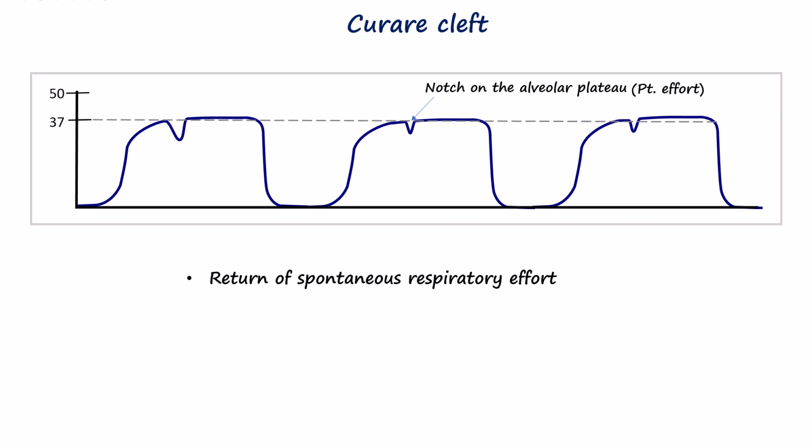This indicates that the muscle relaxant is wearing off and an additional dose may be needed if continued paralysis is required. Once a muscle relaxant is re-administered, the cleft may disappear and the plateau becomes smooth again.